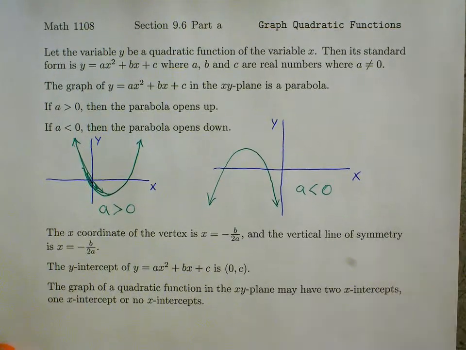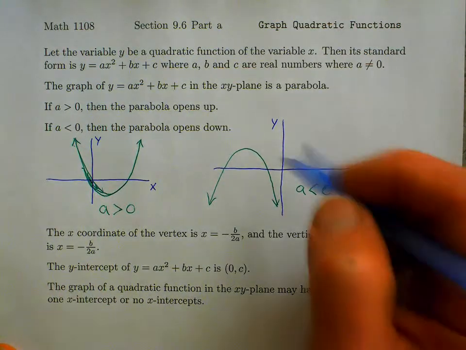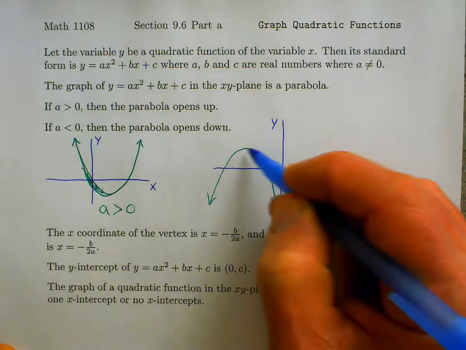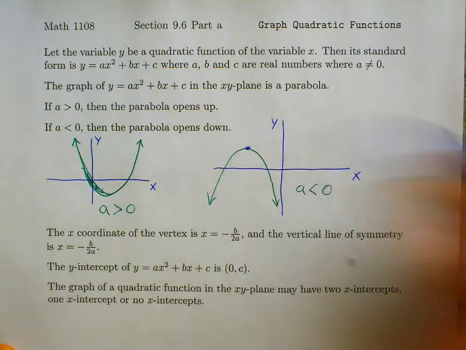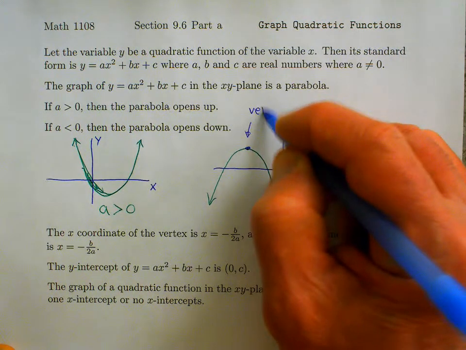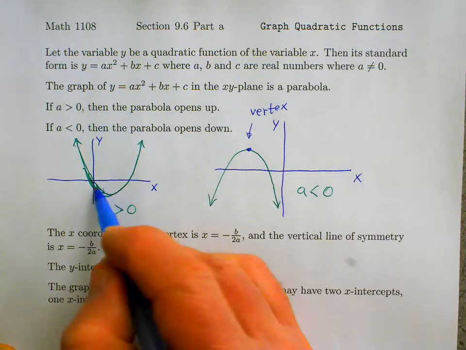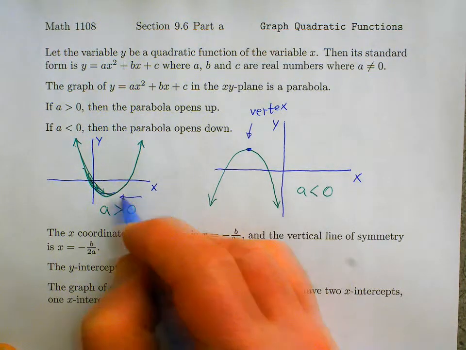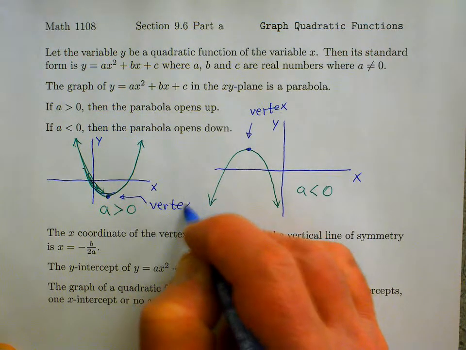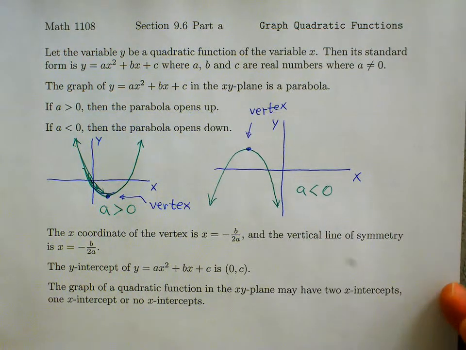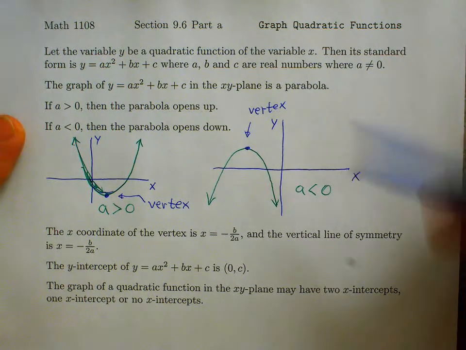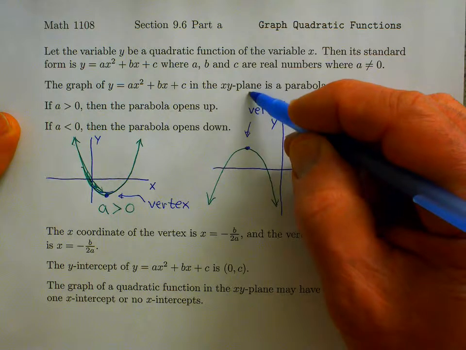Okay, there are some things to note. If the parabola opens down, the highest point on the parabola is the vertex. And if the parabola opens up, the lowest point on the graph is the vertex. And through every vertex is a vertical line.